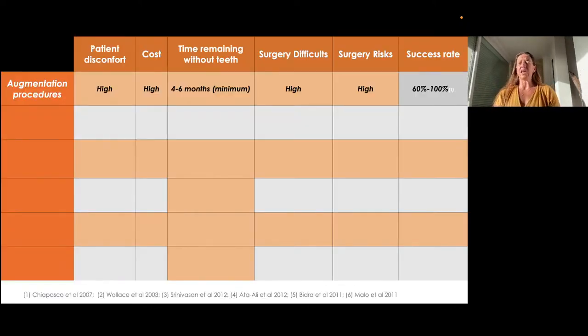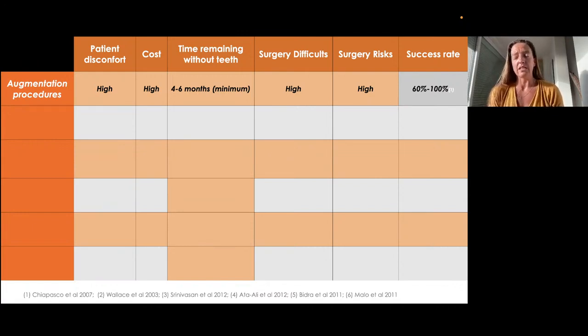So when we lack the bone in the posterior area, we have several options. We have augmentation procedures, where you have to take bone out from another area and place it in the posterior areas. It's very uncomfortable for the patient. It has higher costs.